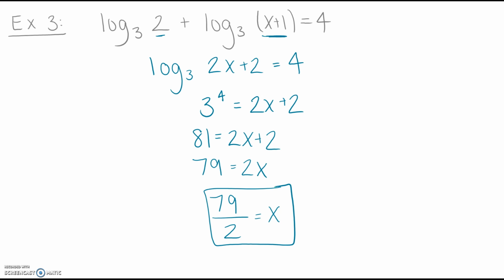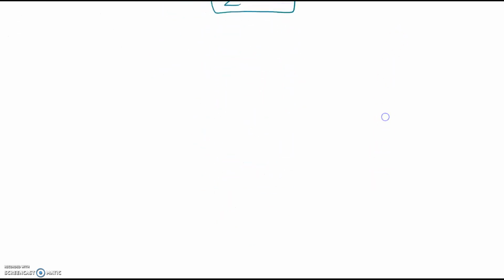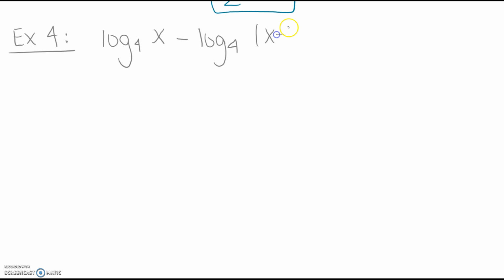So let's try doing an example where we're solving but using the quotient property. So example 4. Log base 4 of x minus log base 4 of x minus 6 equals 2.